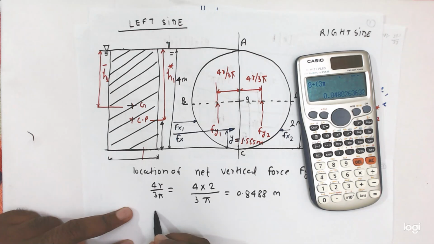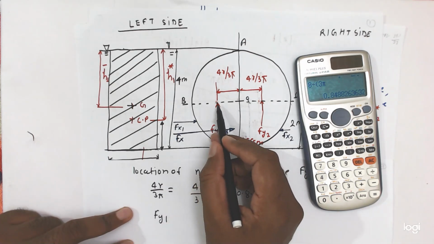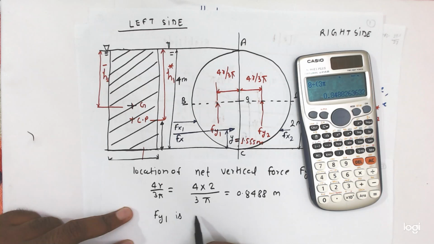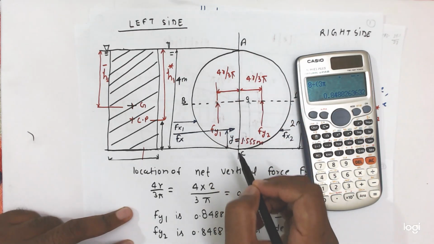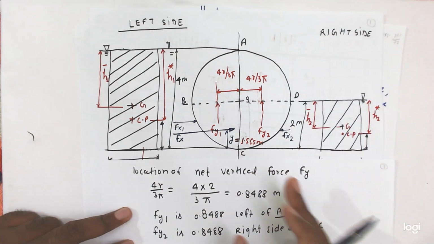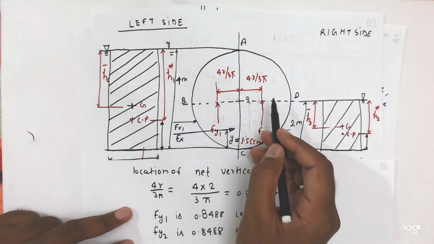It means Fy1 is 0.8488 on the left side of AOC, and Fy2 is the same 0.8488 on the right side of AOC. Getting friends? So Fy1 is on the left side and Fy2 is on the right side.